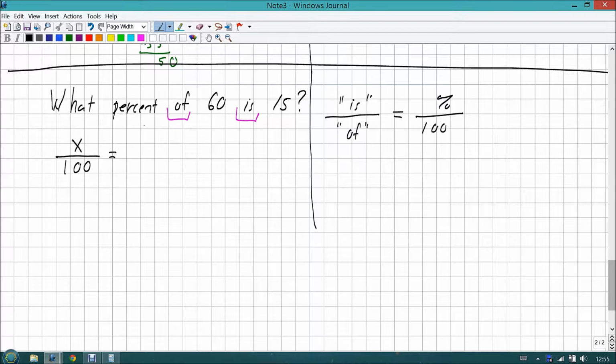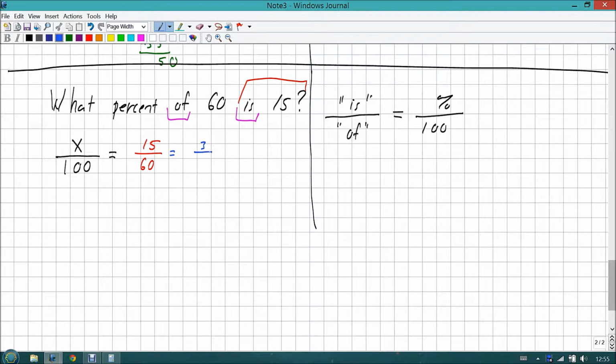It's asking for what the percent is, so I put an x in there, and then I do "is" over "of." Is is related to the 15. Of is the 60. Now the numbers here are going to be huge, so I want to reduce. 15 and 60 both have 5 in common.